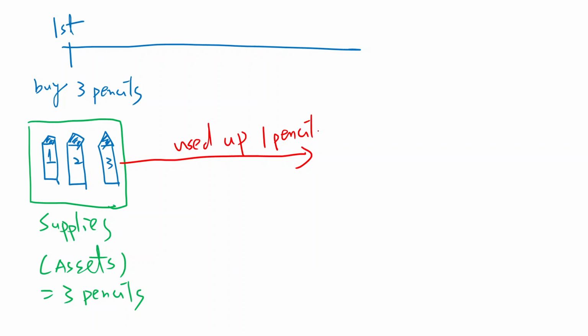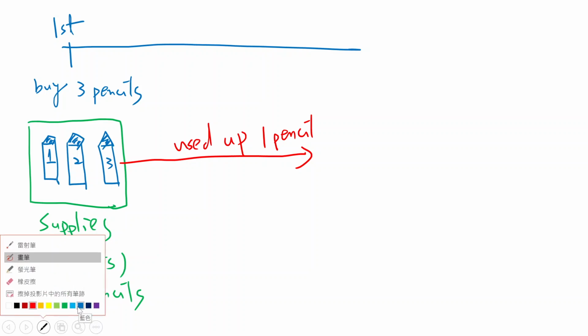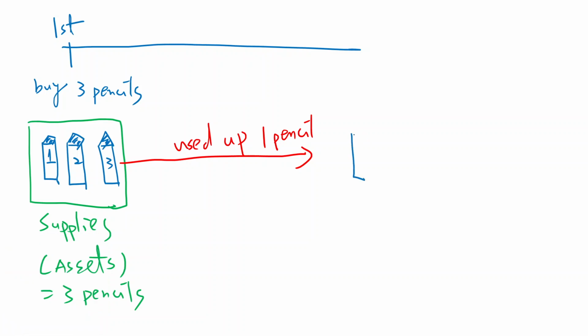Okay, so what does that mean? At the beginning, I have assets, 3 pencils. Later on, when I use up 1 pencil, what does it mean? It means you have only 2 pencils left, right? So you will say, okay, after that, I have only number 1 and number 2. I have only 2 pencils.